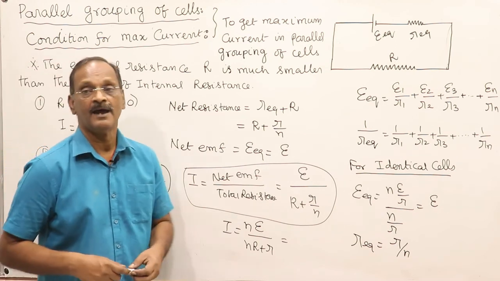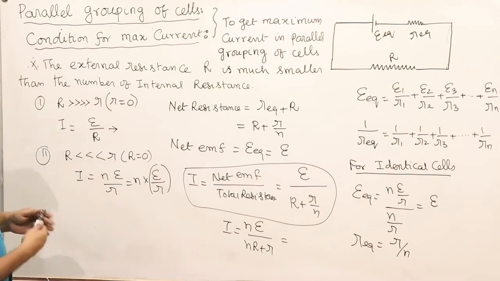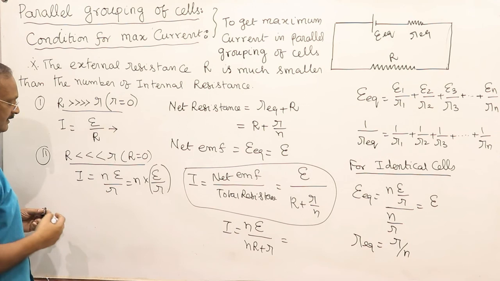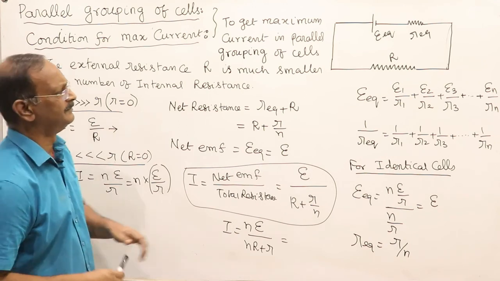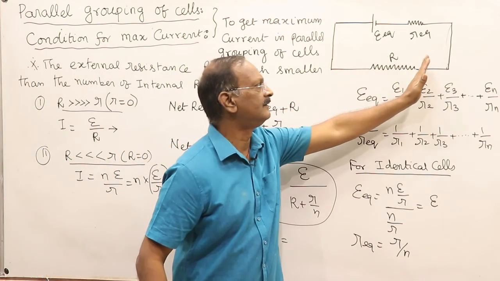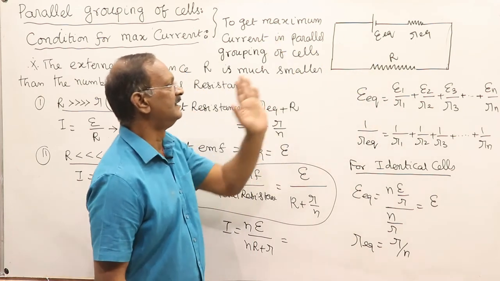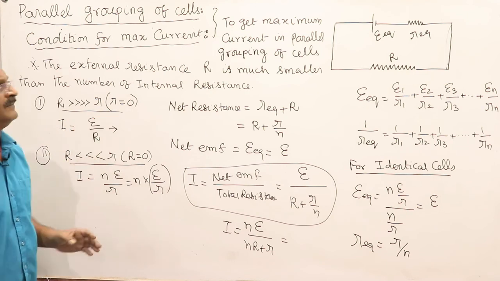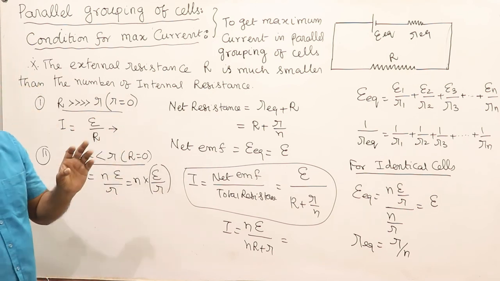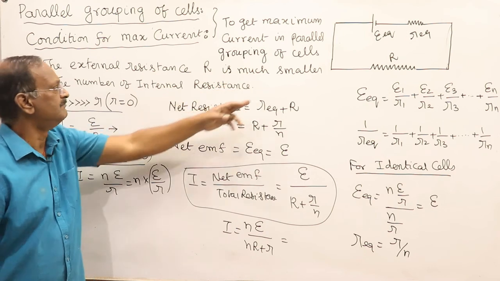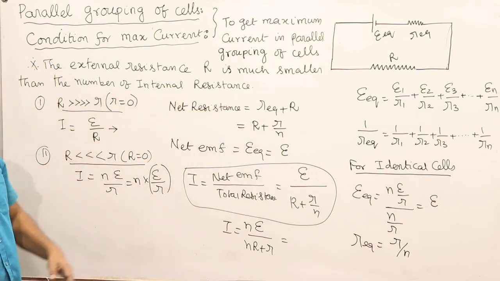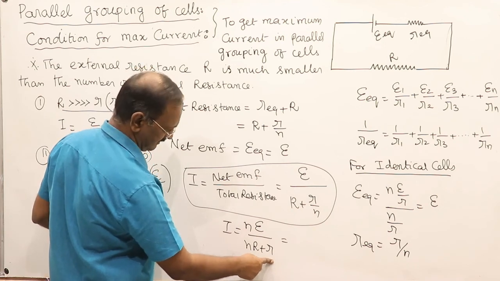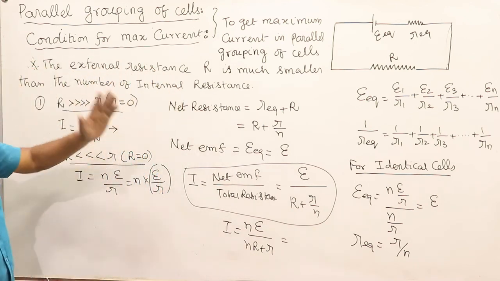It means the current is maximum at this condition. External resistance equal to 0 means it is almost negligible, the resistance is not there. Then that condition gives maximum current. So to get maximum current in parallel grouping of cells, the external resistance must be much smaller than the internal resistance, where r is the internal resistance.